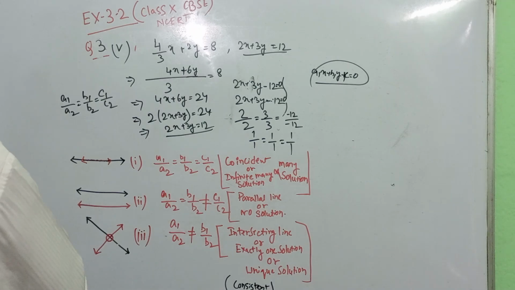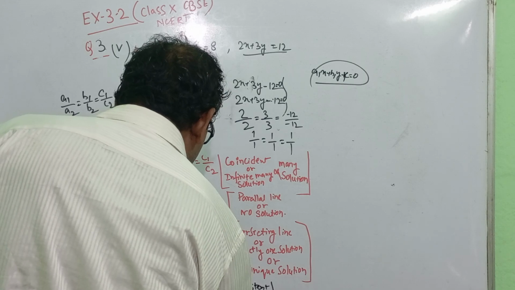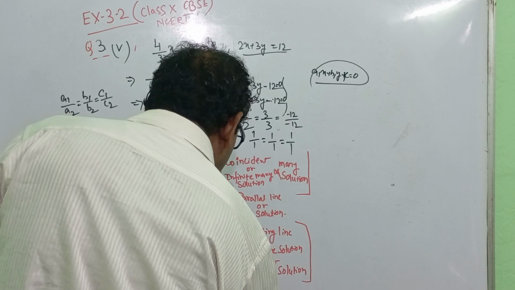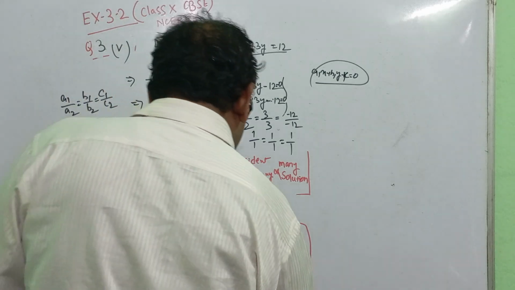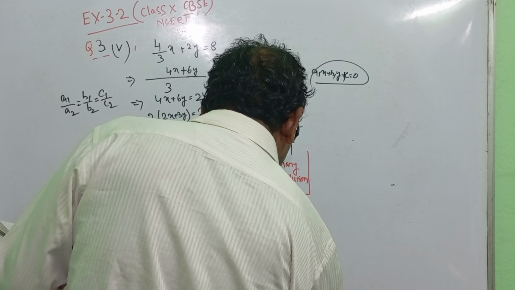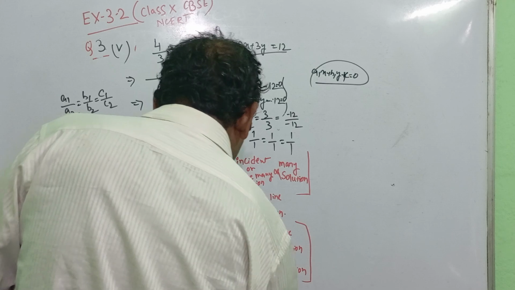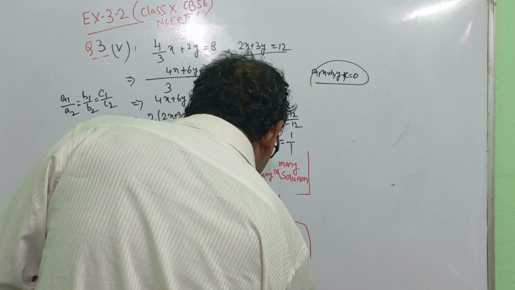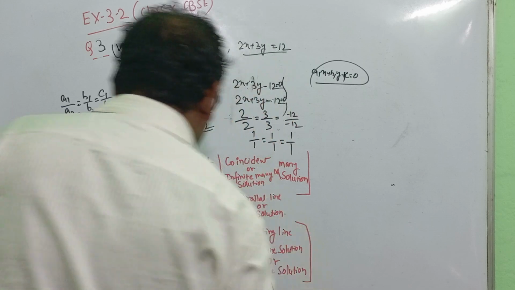Consistent means the pair of equations has a unique solution is called consistent. Clear?